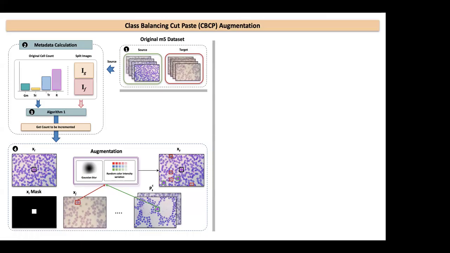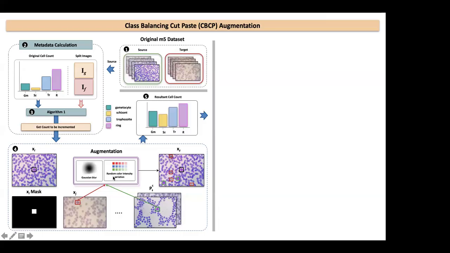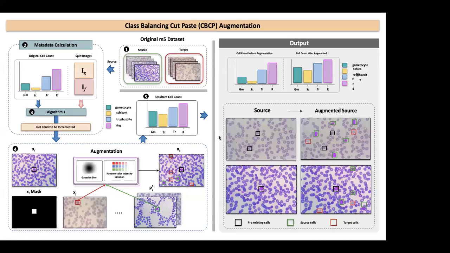We crop all the cells, count the distribution, and try to balance it. Similarly, we take the target images, get the annotations, and distribute them over the source domain, and we try to balance these distributions. So this is the original source, and these are the cells which are augmented. Similarly, these are the original source.